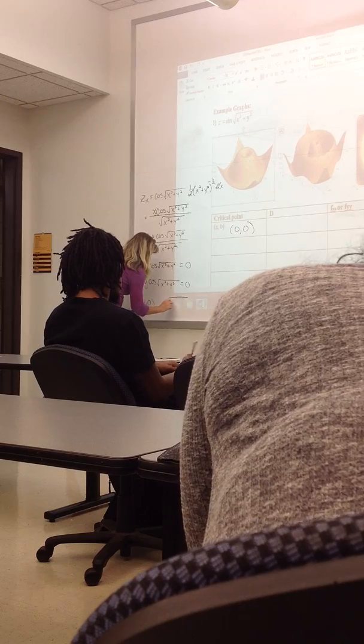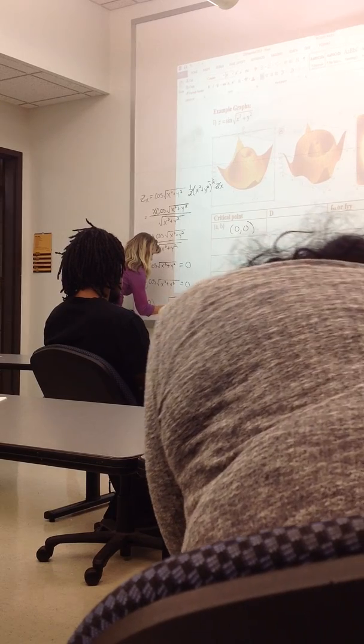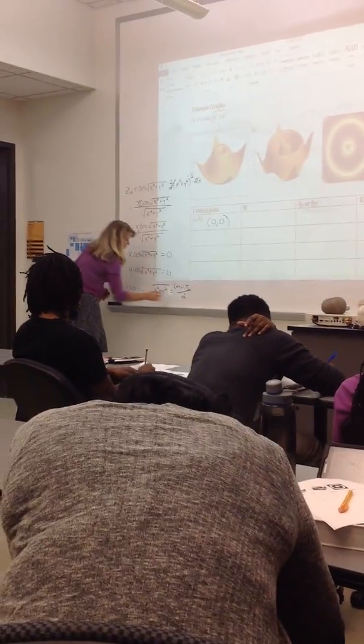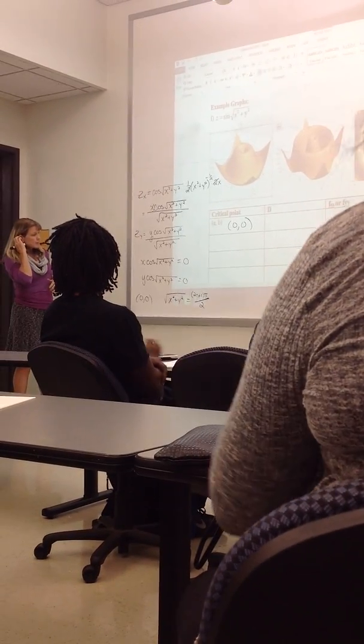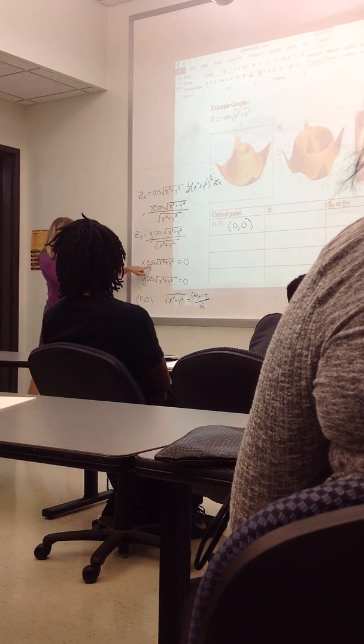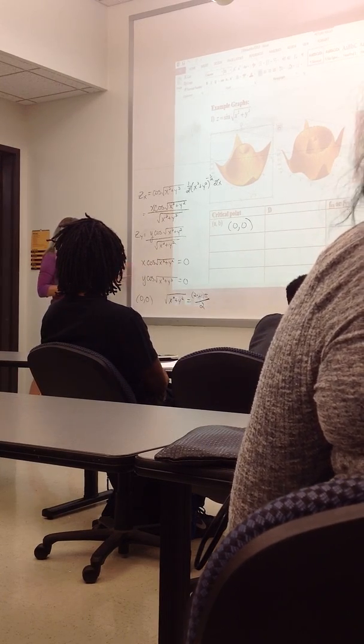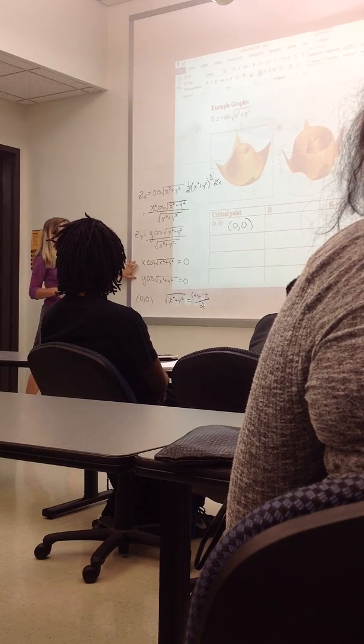If the square root of x squared plus y squared is any odd multiple of pi over 2, then cosine of that would be 0, and both of these would also be 0.